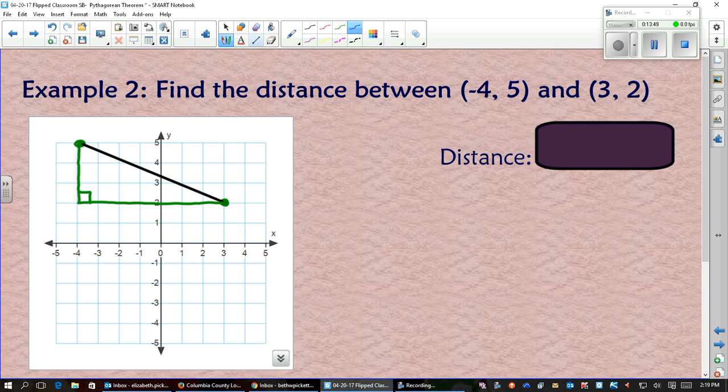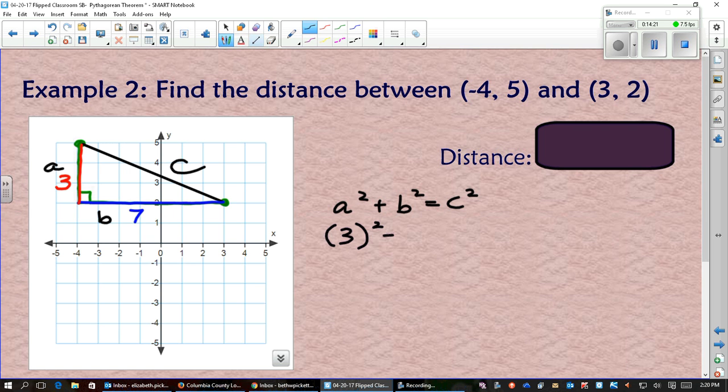Counting along the blocks, 1, 2, 3, 4, 5, 6, nope, 7, sorry. And then the side, 3. Then we can do the Pythagorean theorem, a squared plus b squared equals c squared, because that segment we're looking for became the hypotenuse, and the other 2 will always be the legs.